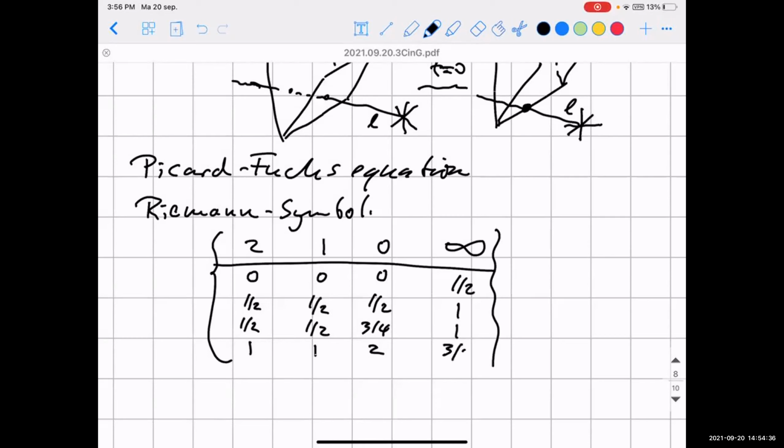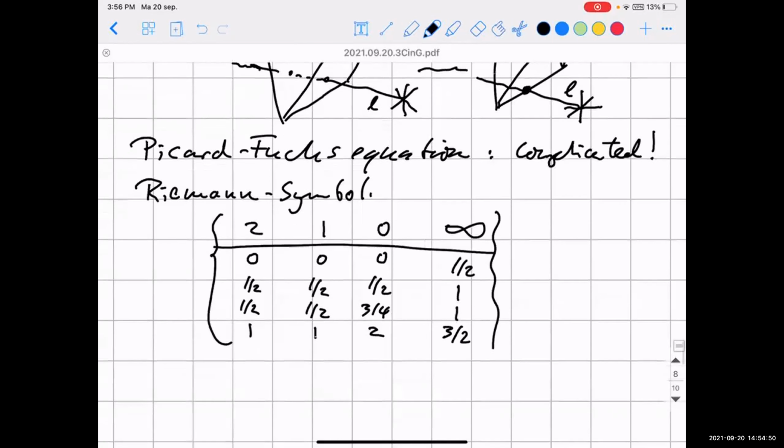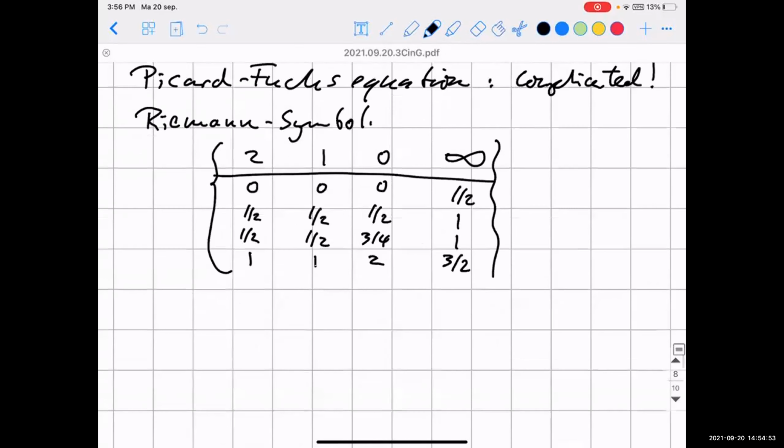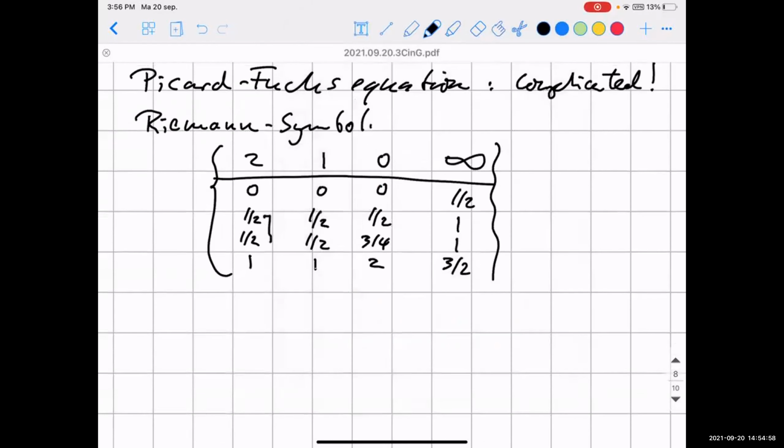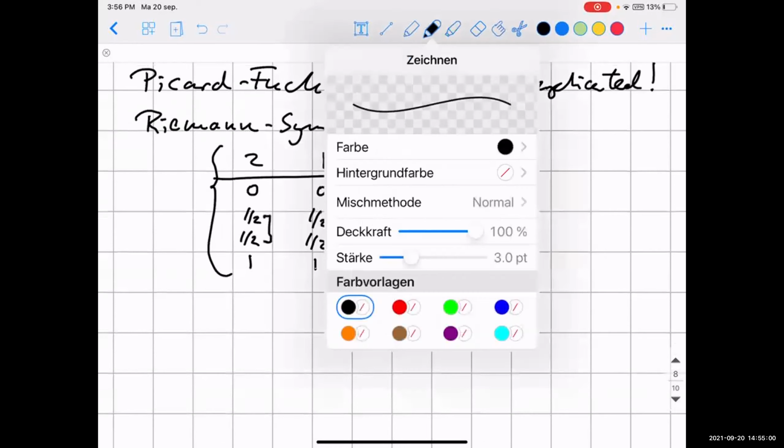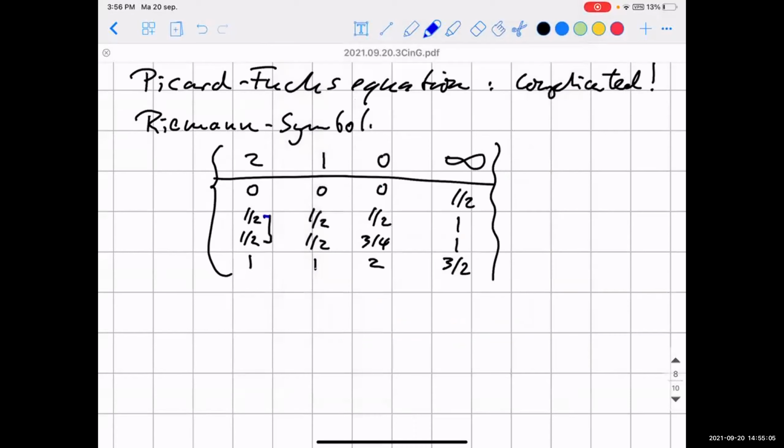So this is complicated, but it can be computed, and from the specific Picard-Fuchs operator, you can compute the Riemann symbol and the solutions and look where are the logarithms. The logarithms, I explained, determine the Hodge type of the degeneration. And it appears that in these blue brackets, you find a logarithm.